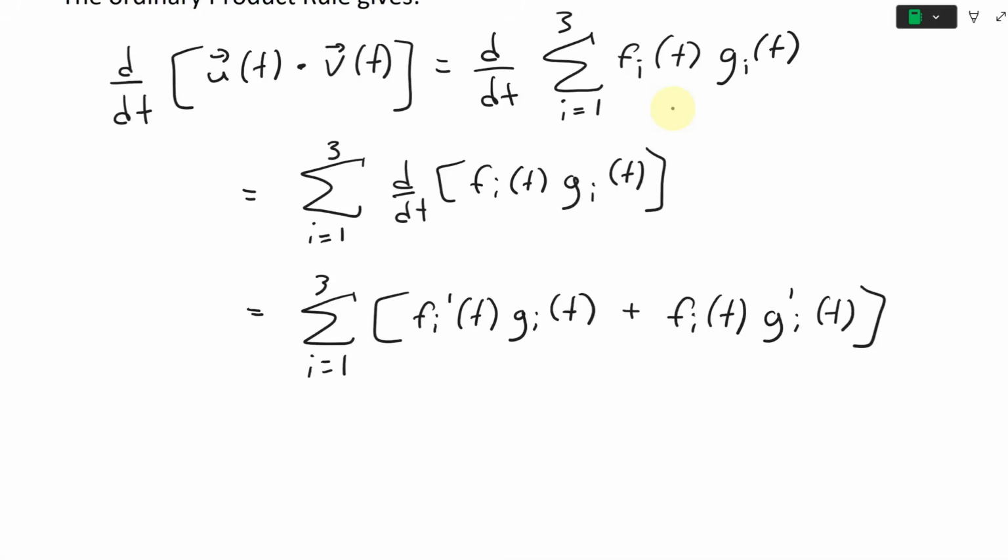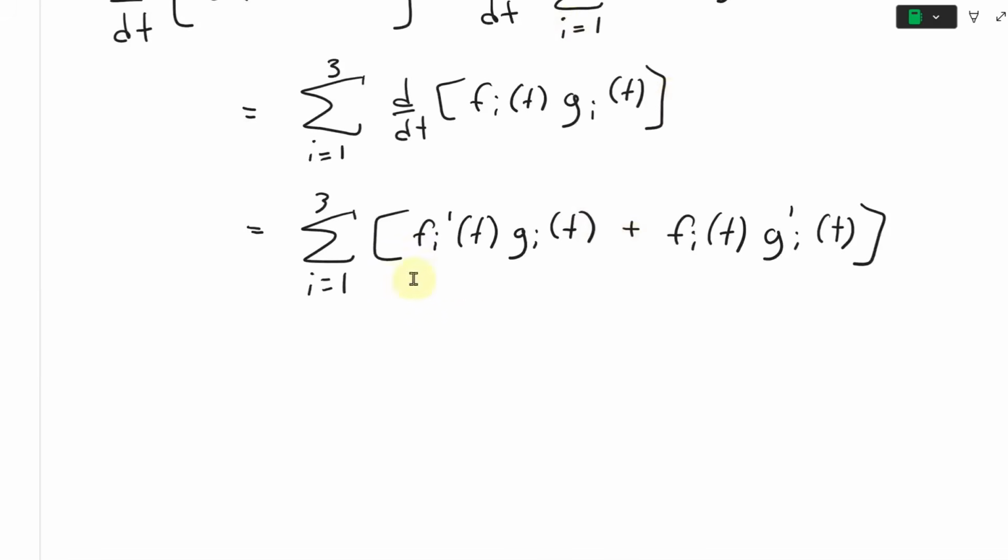That is the derivative of f times the normal g, plus the normal f times the derivative of g. Now we have an addition inside the summation, so we just separate these into two summations.